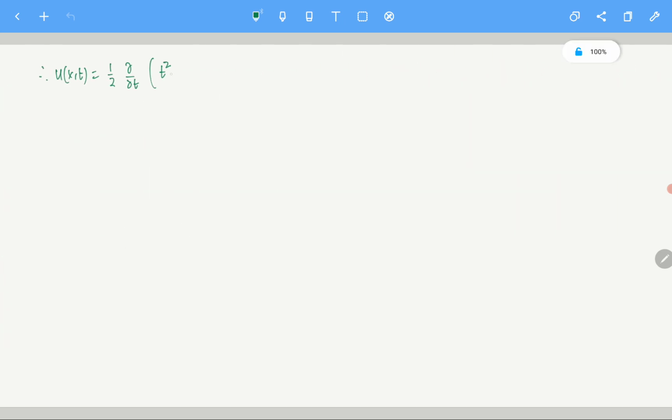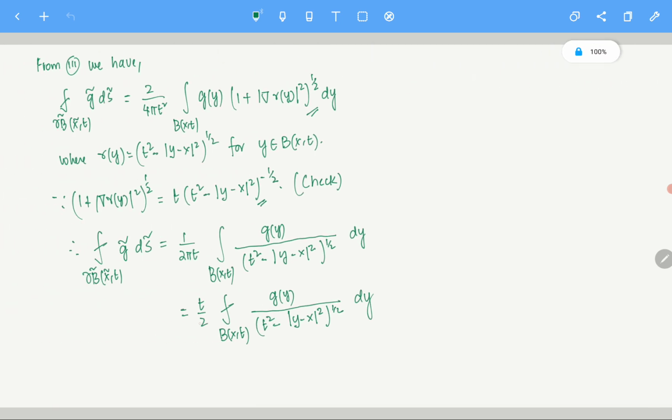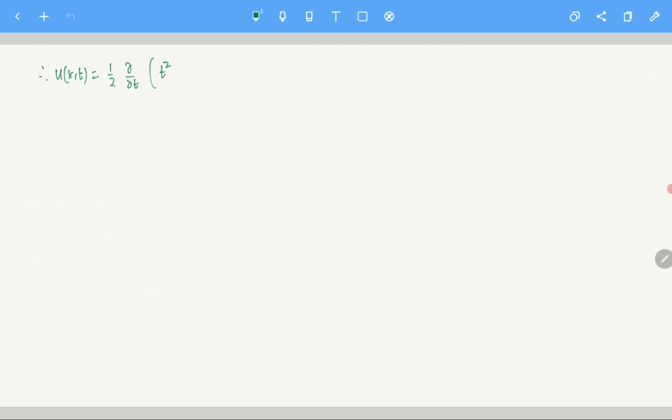This half is coming from this t by 2, that is why this half is there, t square, and the average of bxt, g of y by t square minus y minus x square whole power half, dy.